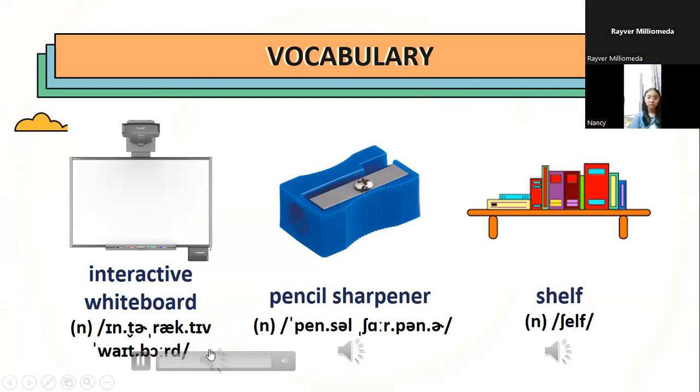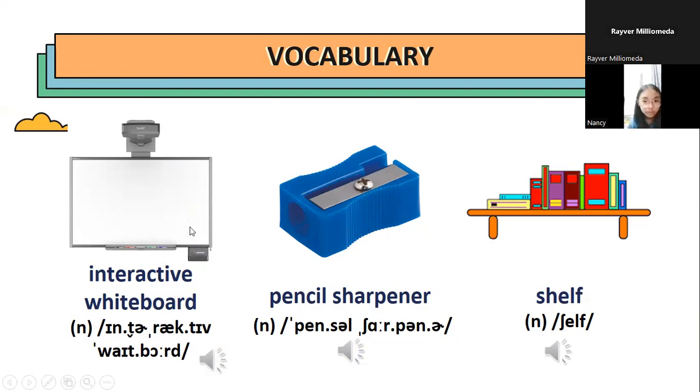Interactive whiteboard. Do you know what that is? Do you have this at school?